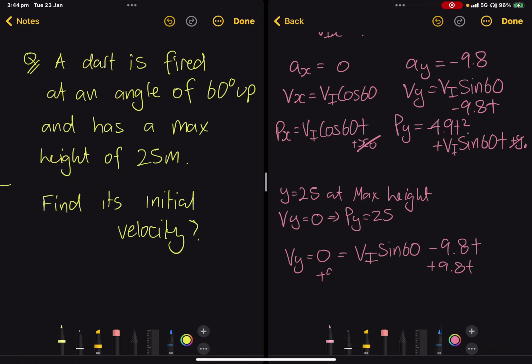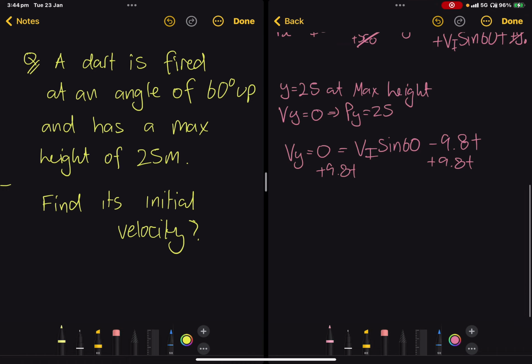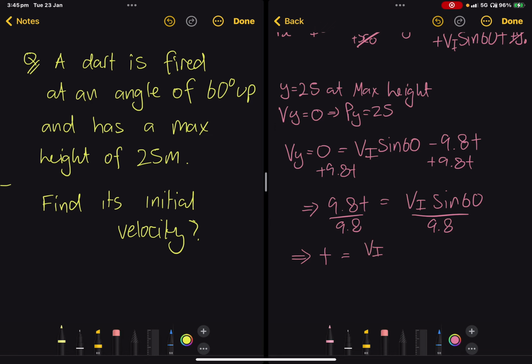Now we can rearrange this for time. Add 9.8t to both sides. This gives us 9.8 times time is equal to the initial velocity times sine of 60. Divide both sides by 9.8. And this tells us that the time at which the object is at its maximum is whatever the initial velocity is times sine of 60 divided by 9.8.